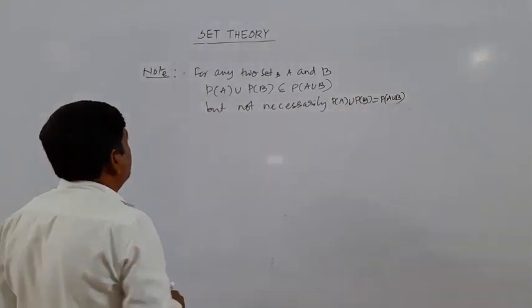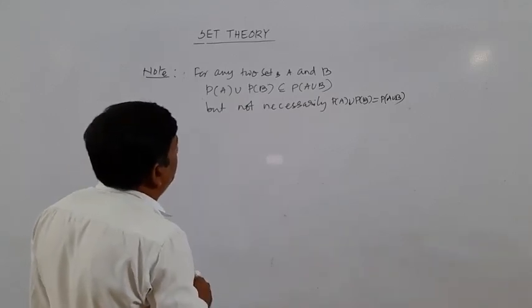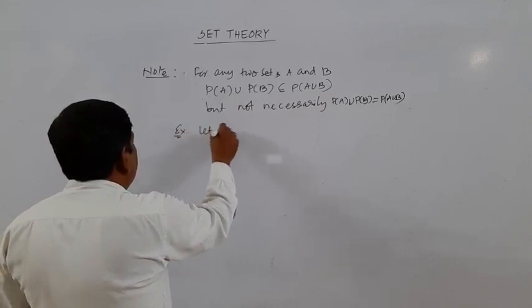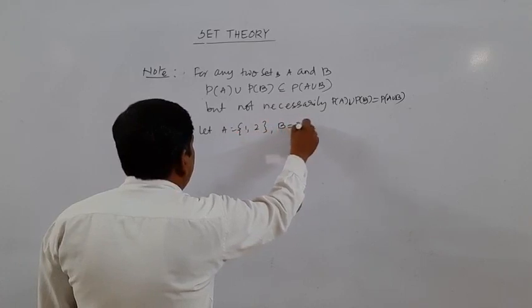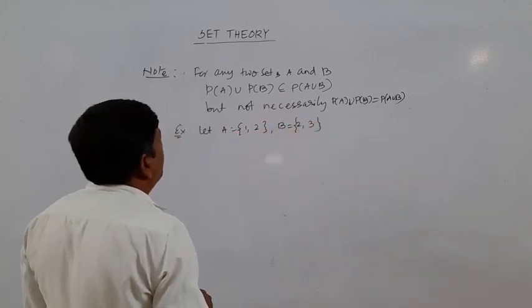This is an important note. For example, let A is equal to {1, 2}, B is equal to {2, 3}. Okay, so what is P of A?